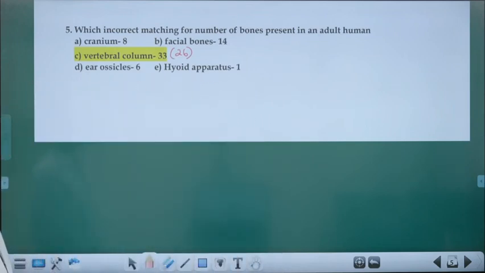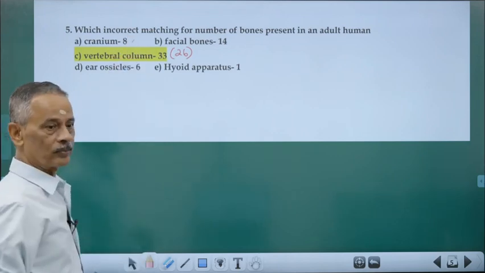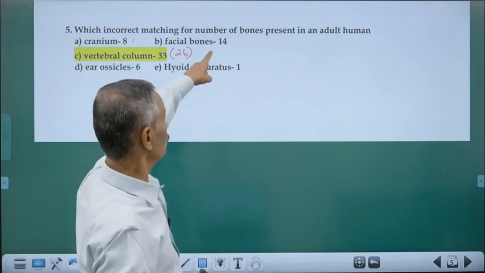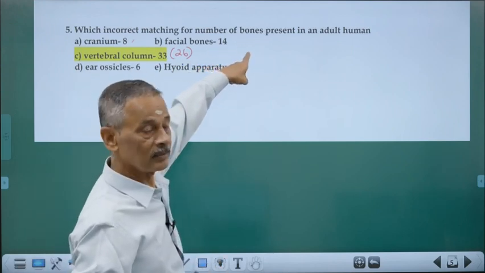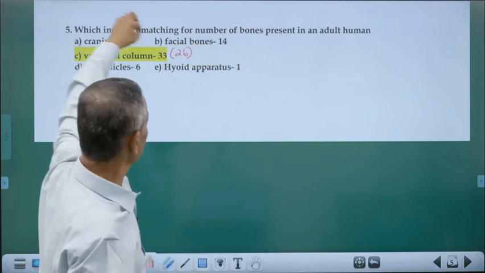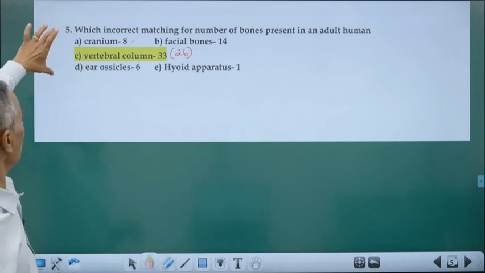Which is the incorrect matching for the number of bones present in adult human? Cranium, correct. I told you. Facial bones, 14, correct. So together 22 in the skull.